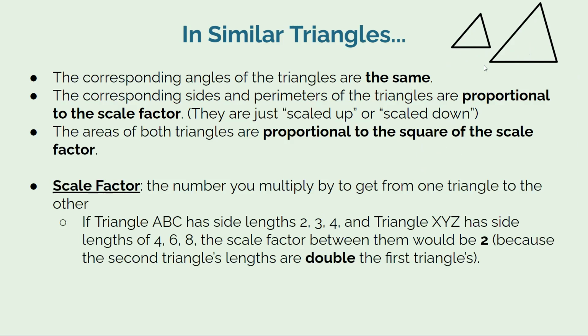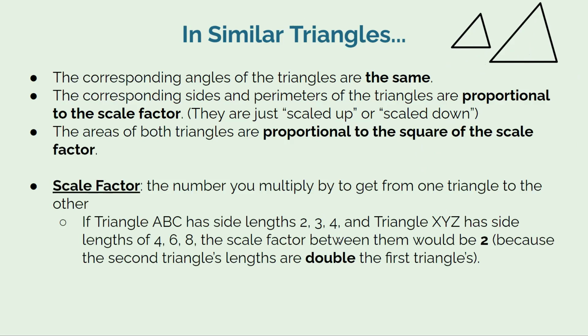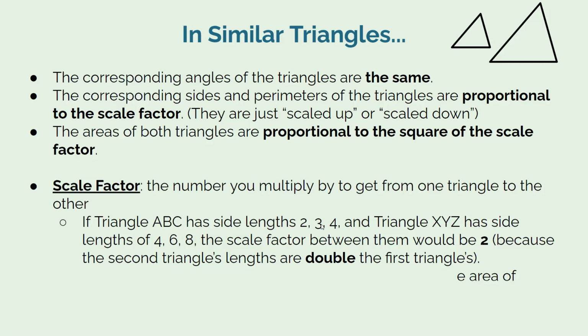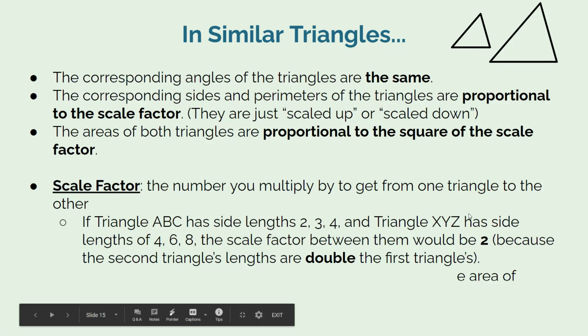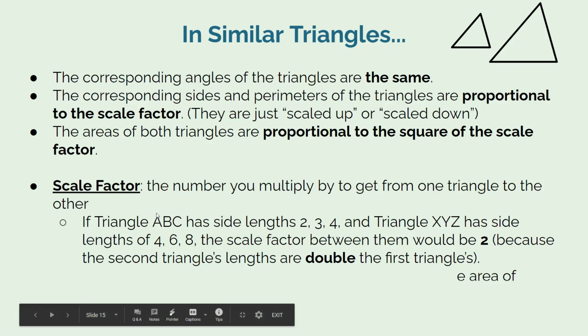So the scale factor from triangle ABC to triangle XYZ would be 2, because the side lengths of XYZ are twice the side lengths of triangle ABC. This also means the perimeter of triangle XYZ would be 2 times the perimeter of triangle ABC, again with the scale factor.